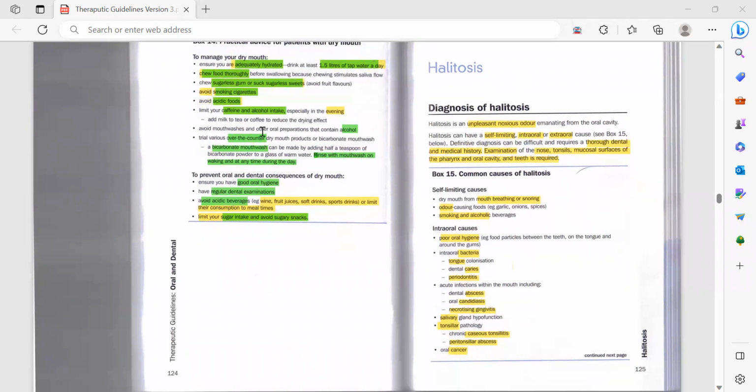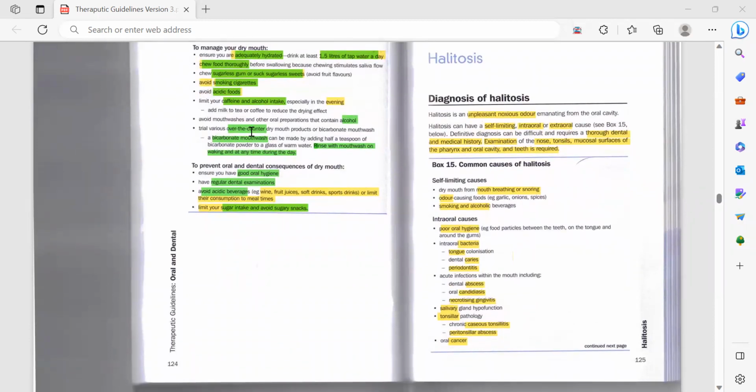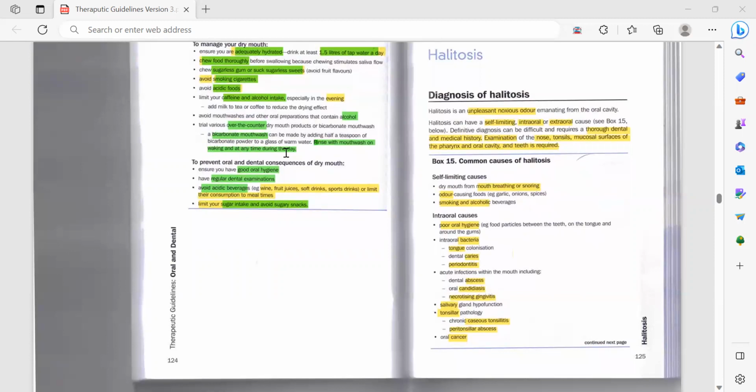Avoid mouthwashes and other oral preparations that contain alcohol. Trial various over-the-counter dry mouth products or bicarbonate mouthwash, by adding half a teaspoon of bicarbonate to a glass of water, and rinse with it at any time during the day.